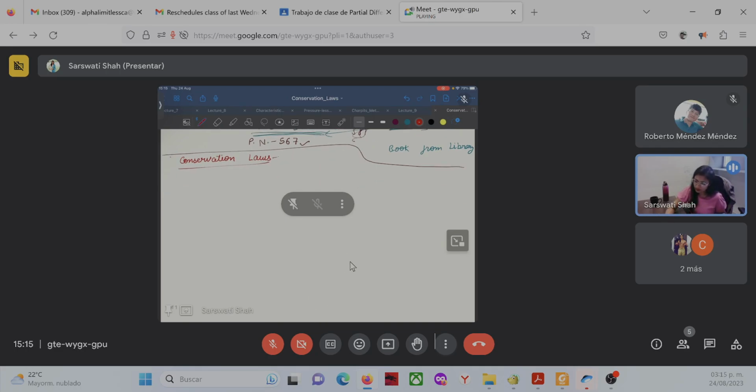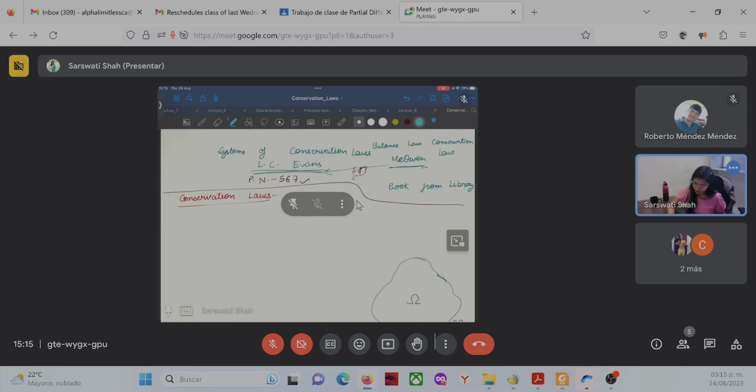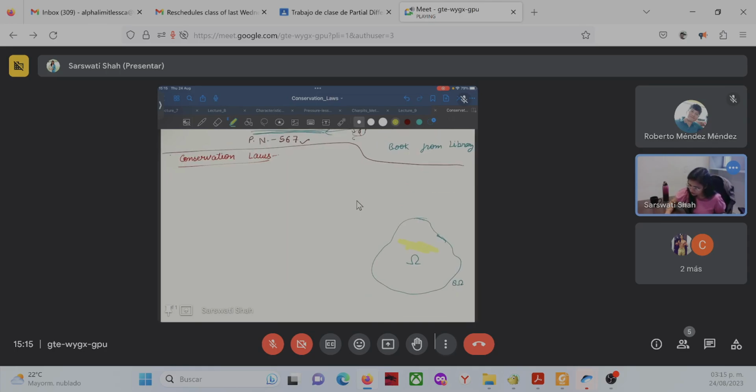So, the conservation law. Suppose this is a domain omega, and this is the boundary of the domain, del omega. The domain is this region where the variables are defined.